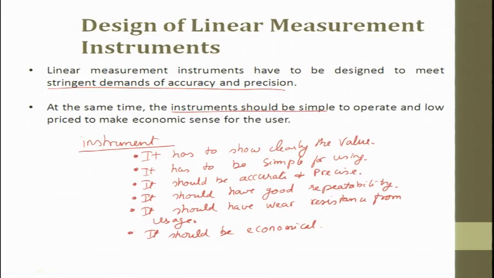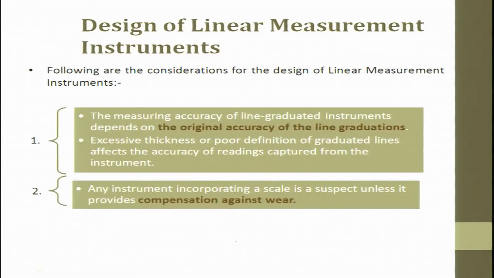So, it should have good repeatability, which means the mechanism should not bring in any erratic change. It should have good wear resistance to usage, and it should be as economical as possible. These are features you expect from any instrument, linear or angular, but in particular, the following are the considerations for the design of a linear measurement instrument.